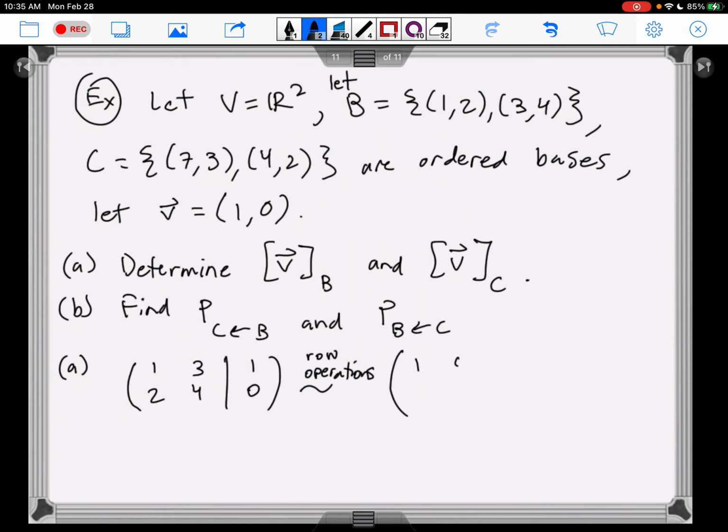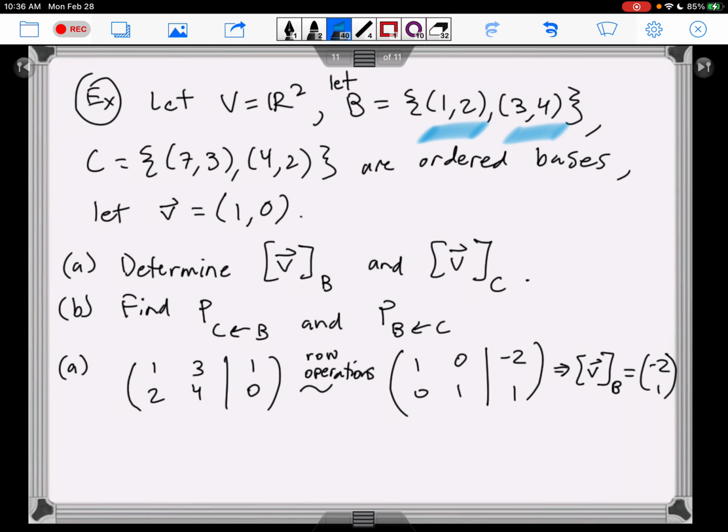I already did them, and I ended up with 1, 0, 0, 1, and -2, 1. So this means that V relative to B is the vector -2, 1. Okay. You can check that, of course, right? That means that -2 times this guy plus 1 times this guy should give you 1, 0. You could check that, it works. You can even kind of do it in your head.